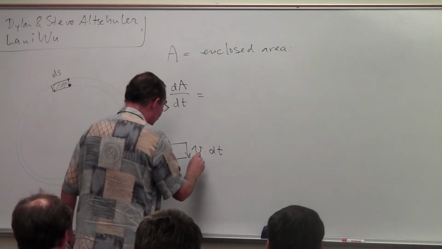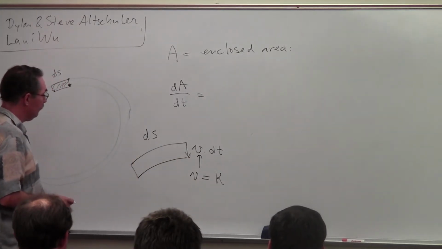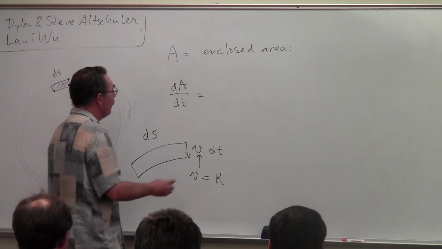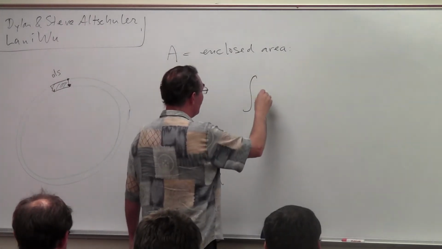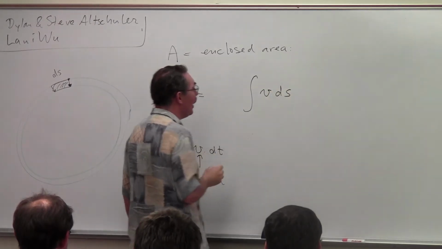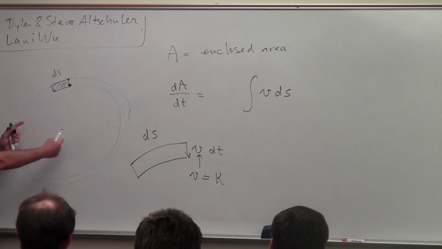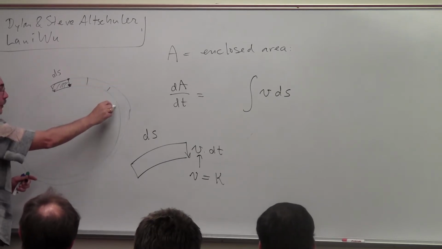The velocity is the same as the curvature. So if you integrate the velocity along the curve with respect to arc length, that's the rate at which the area gets eaten up, just adding lots of those together.